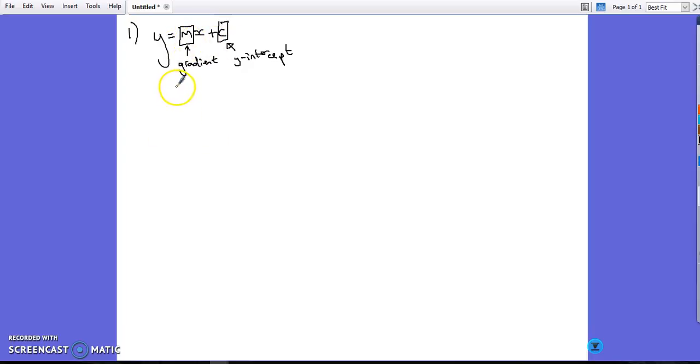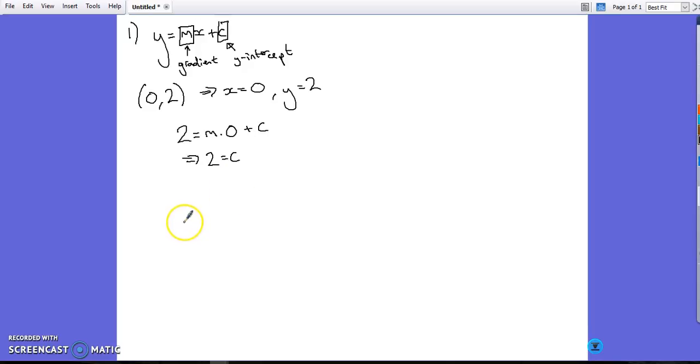So for me, the most obvious point on the line would be the point at 0, 2. At this point, x equals 0 and y equals 2. So 2 is equal to m times 0 plus c, which means that 2 is equal to c. So we've done that one.